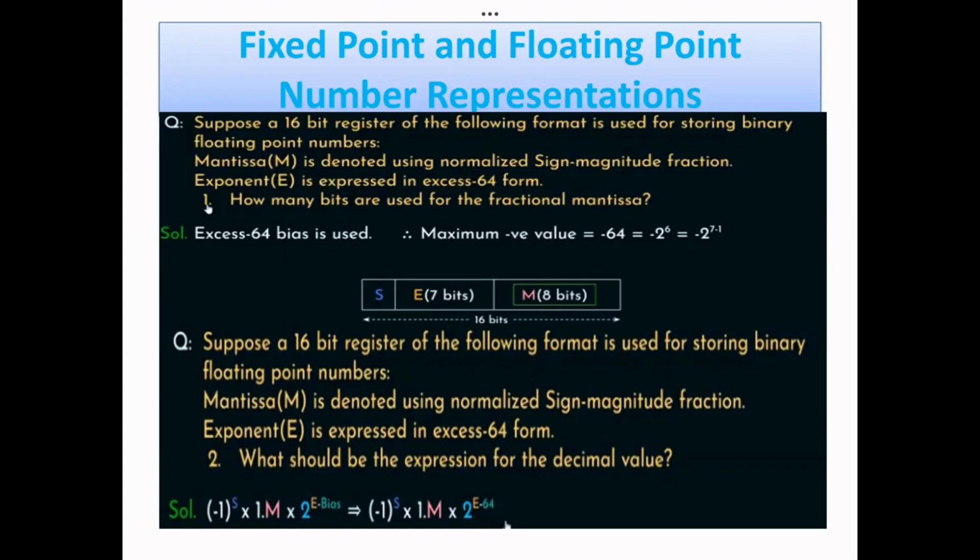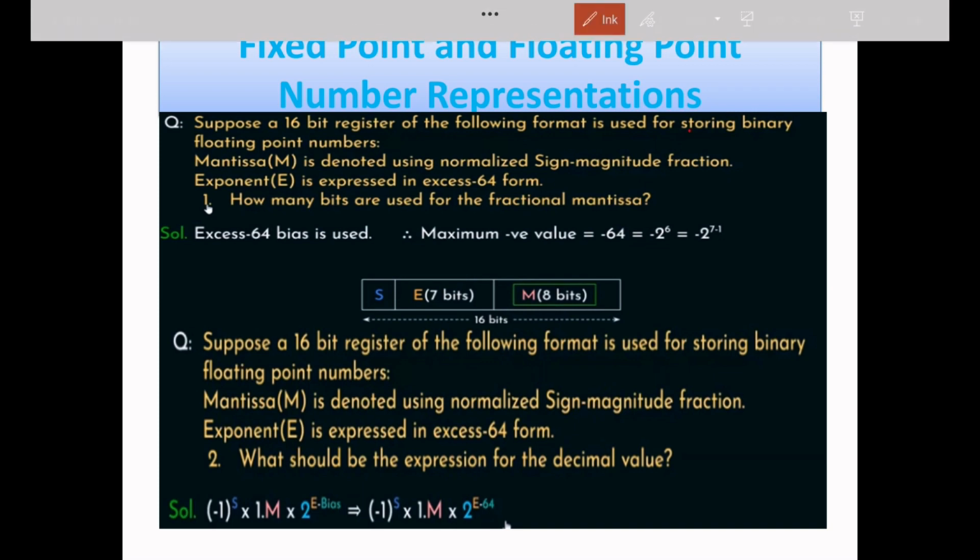Hello students, again we are solving another question. Here he is asking about a 16-bit register where the mantissa is a sign magnitude fraction and the exponent is in excess 64 form.